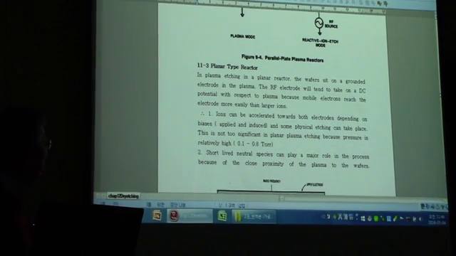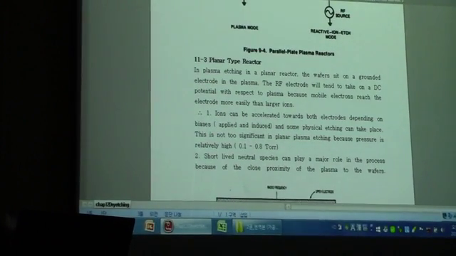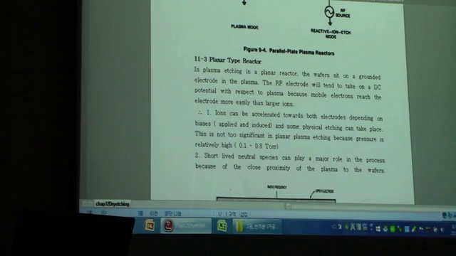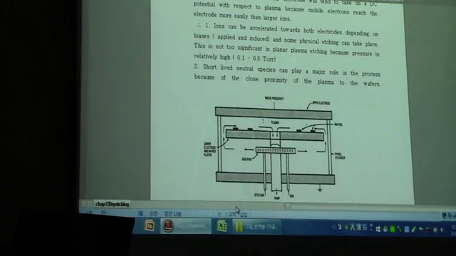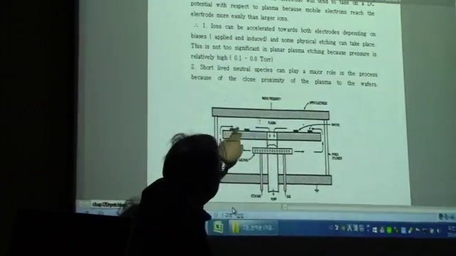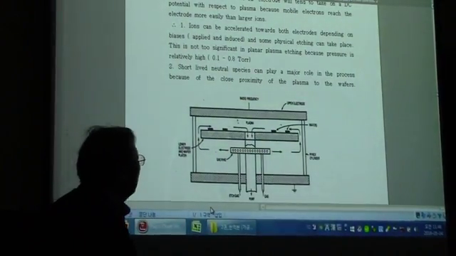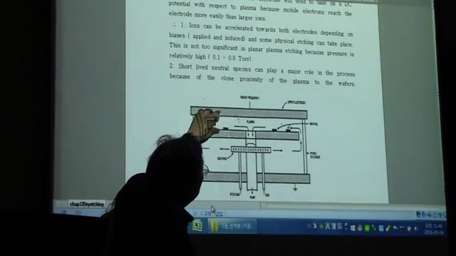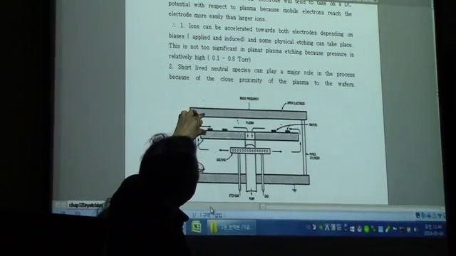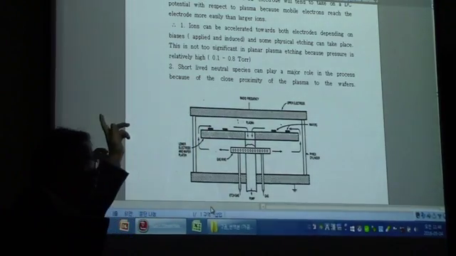Planar type, in plasma etching in a planar reactor, the wafers sit on a grounded electrode in the plasma. It just looks like this. This is grounded, and then you place your wafer to be etched, and the distance between these two electrodes is very close compared to the barrel type reactor.